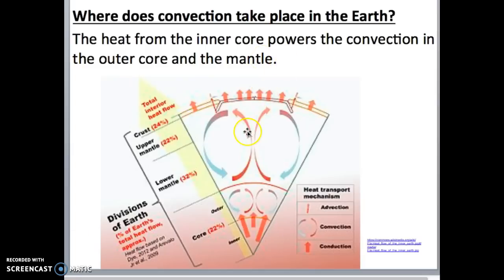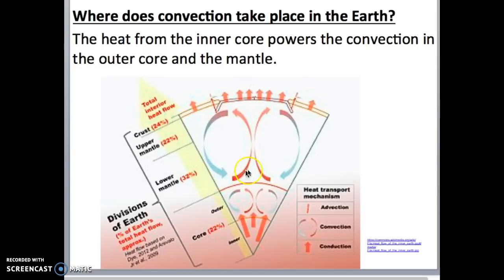Convection is a humongous part of how heat travels throughout the Earth's layers. Let's take a look at this diagram. You can see that circular motion. This is in the mantle, which, remember, is the thickest part under the crust. We have this circular motion here, and also in the outer core.